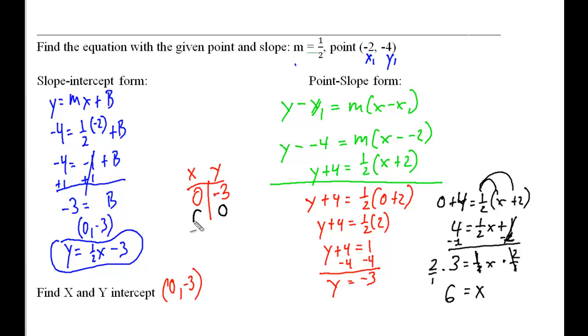Your intercept is (6, 0). So your x-intercept is going to be (6, 0). Your y-intercept is going to be (0, -3). This is a video that's probably best rewound and played again if you got lost along the way. All right, now we're going to go to the second page here.